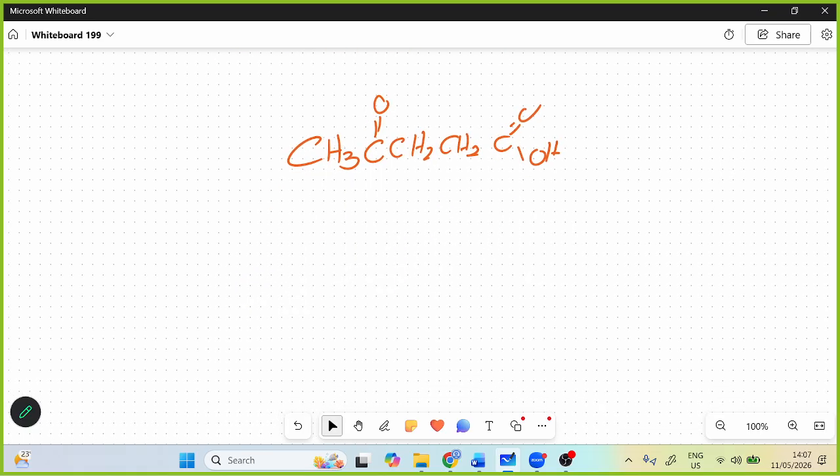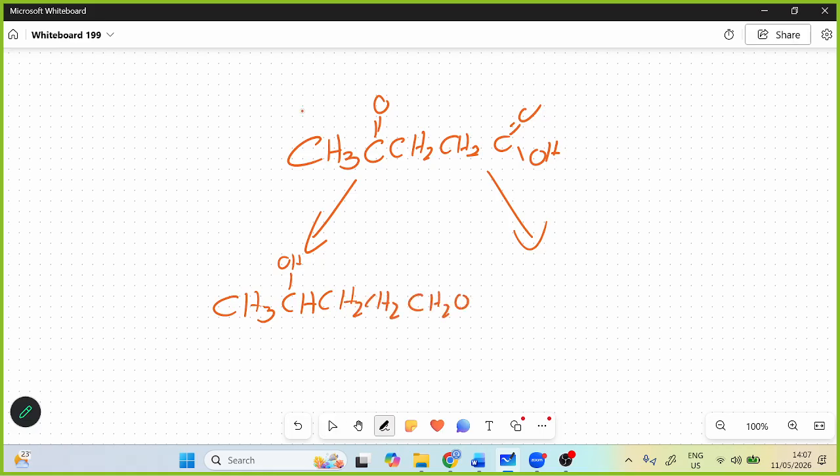But in both cases, this will reduce to the alcohol. So in both cases, whether you use H2 or LiAlH4, you're going to get the same compound. Okay?